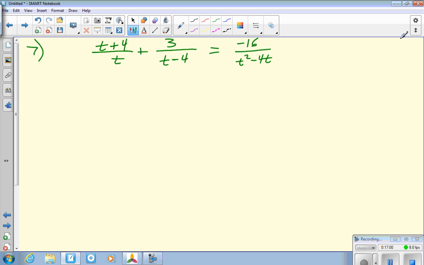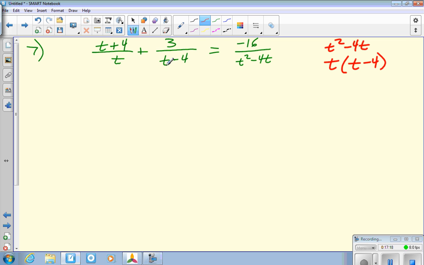So usually what's going to happen is the one with the highest power will end up being the least common denominator. We can think of t squared minus 4t as being the same thing as t, remember we can factor out a t, times t minus 4.